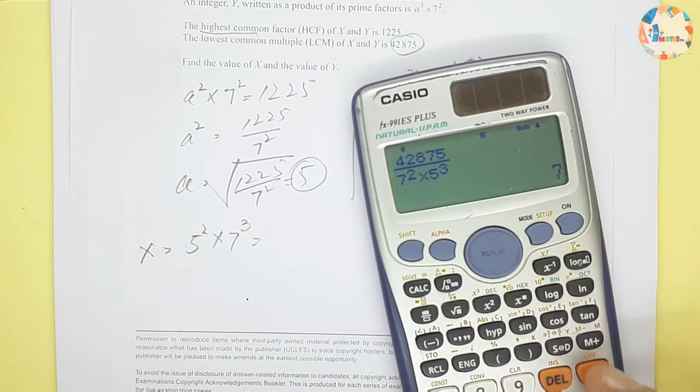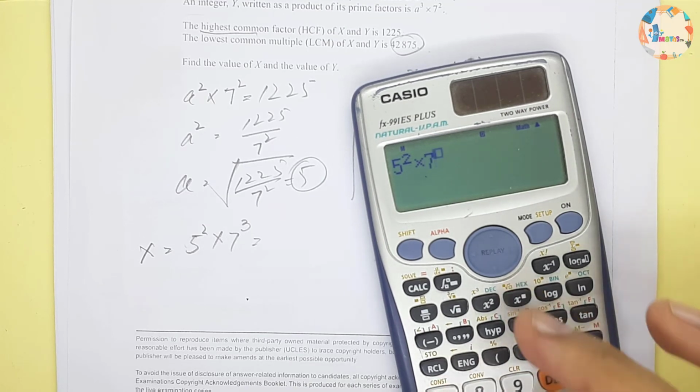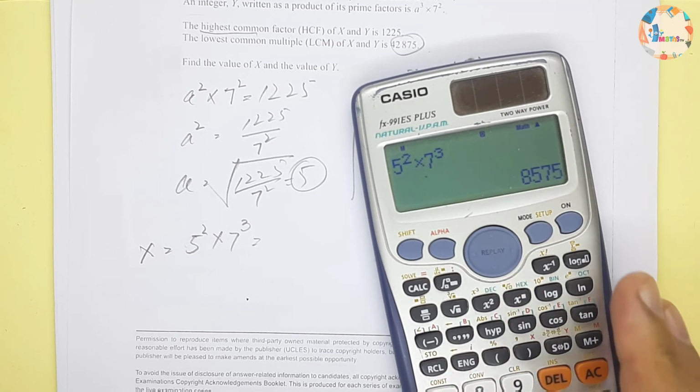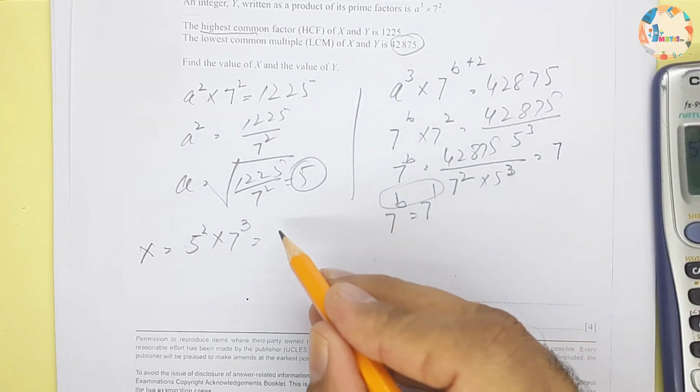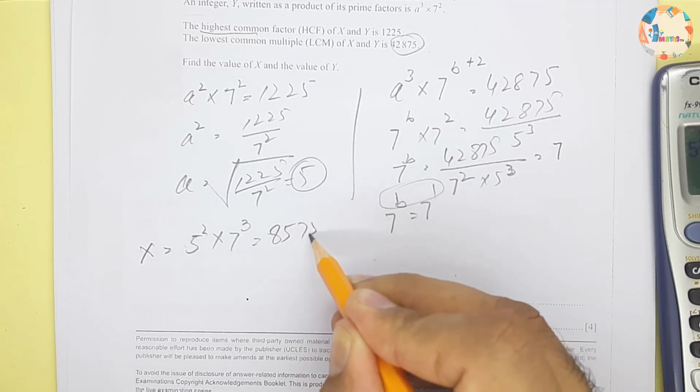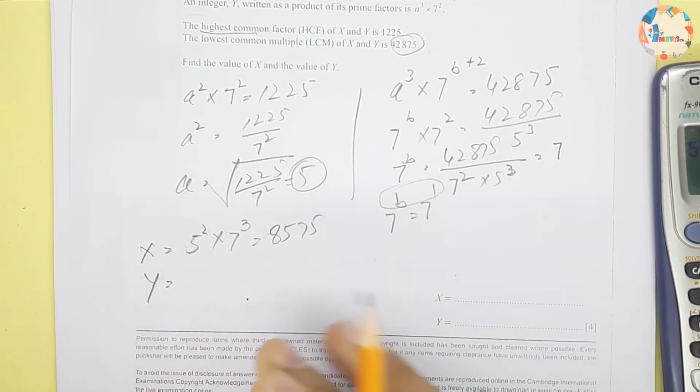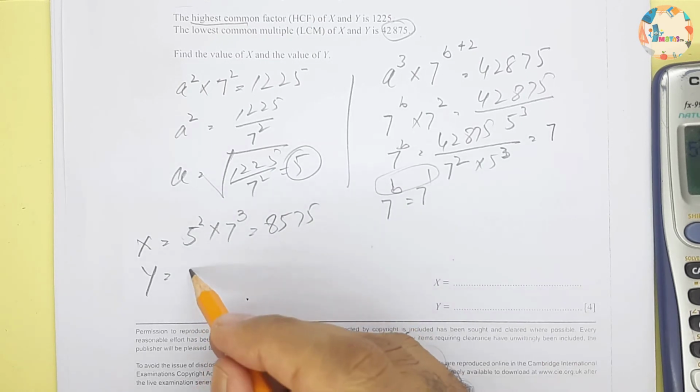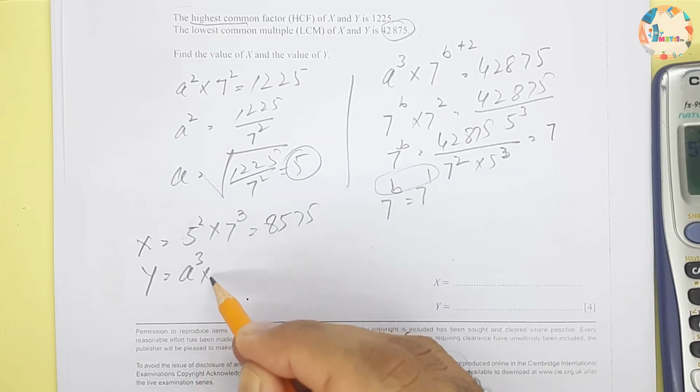So we can find this number, which is 5 squared multiplied by 7 raised to power 3, and this is equal to 8575.